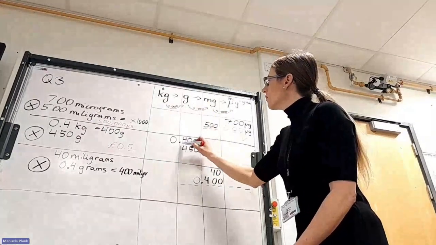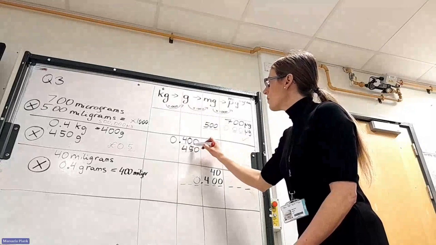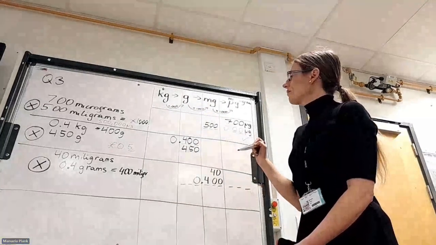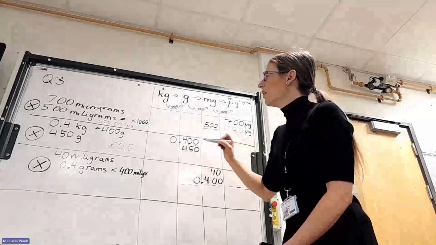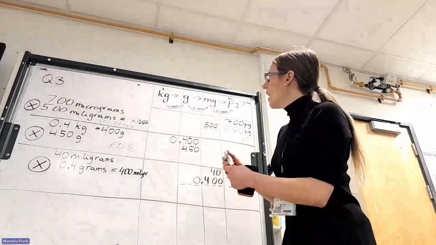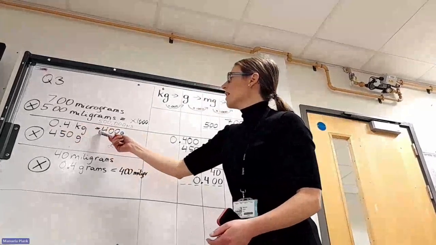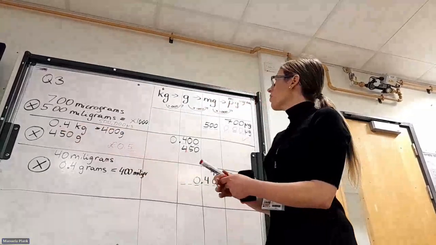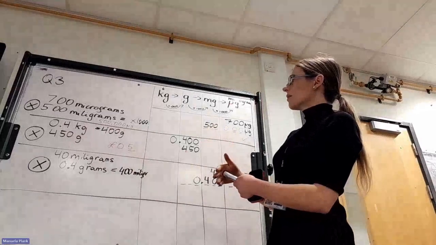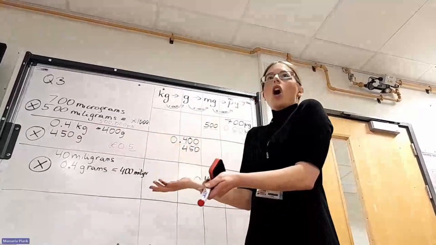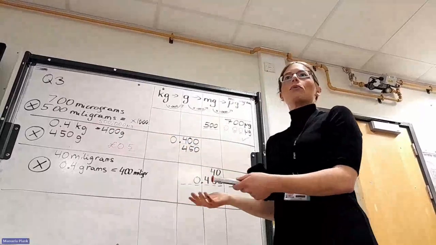So do you remember, we have 3 spaces only. So we can write 400 here, because that is the 4. And so we have 0.4 kilo is the same as 400 grams. 400 grams is nearly half a kilo, 0.5.